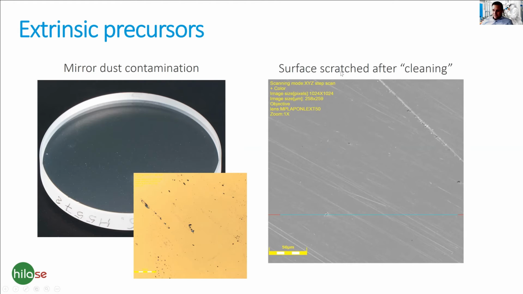An even bigger issue can be if somebody tries to clean such contamination unprofessionally. In this case, somebody took this mirror, took a piece of cloth and tried to polish it as, I don't know, some kind of kettle.